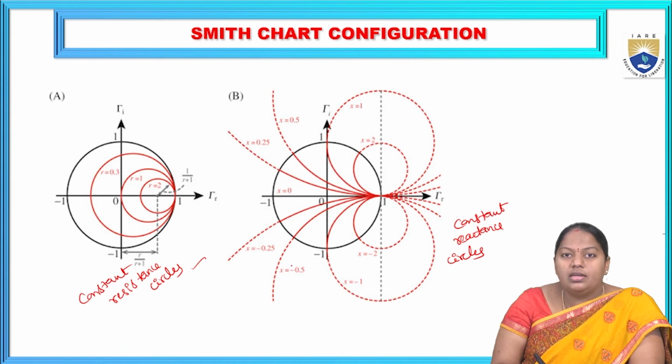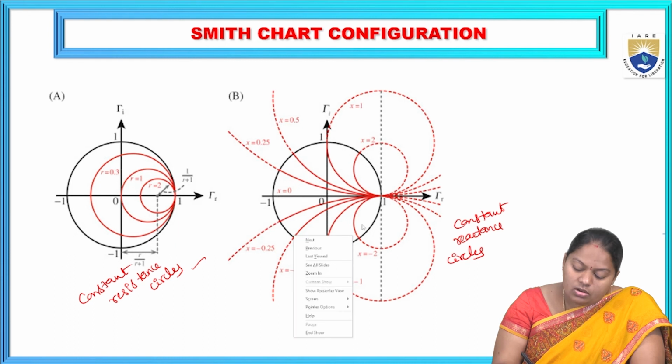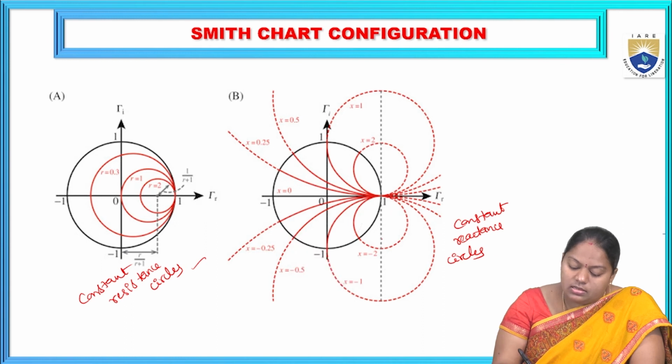Both real and imaginary parts exist on a single chart, and in general this is called the impedance Smith chart. The dark lines are arcs for different values of X, and extended with circles they look like this: X equals 1 circle, X equals -2, and as you keep increasing the X values, -3, -4, the radius keeps reducing.